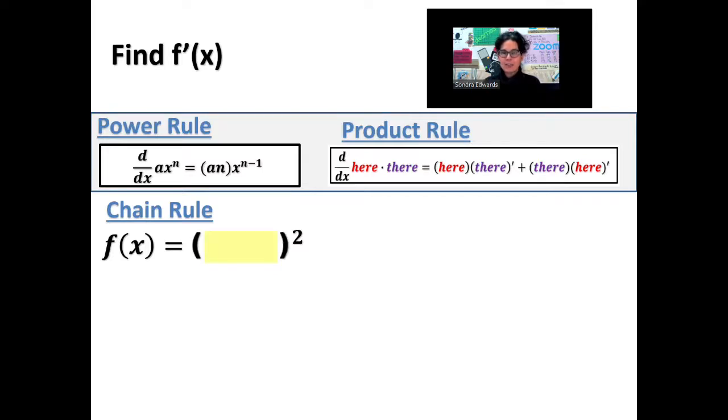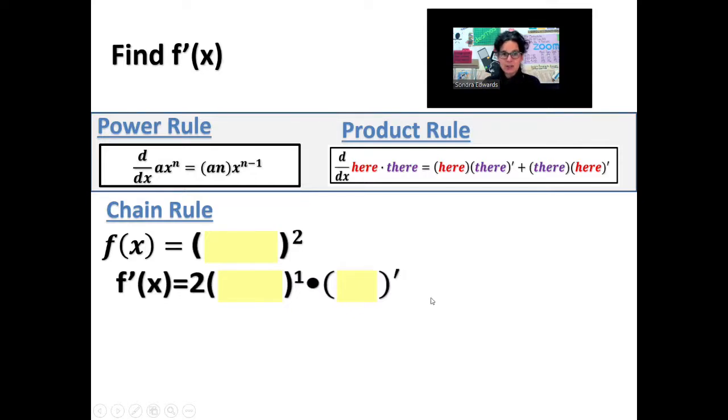So we're going to take the derivative of ugly times ugly prime. In other words, we're going to move the 2 to the front, subtract off 1 from the exponent. So we just used the normal power rule. But because we have more than just plain x inside of parentheses, we have an input function, we have to chain on the derivative of ugly.